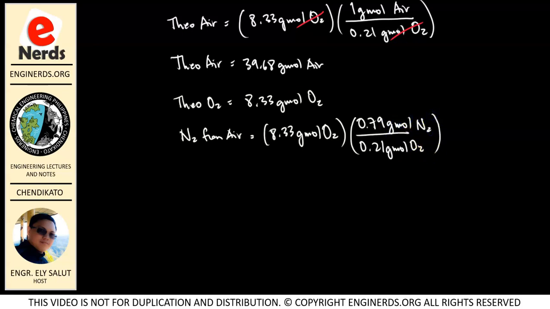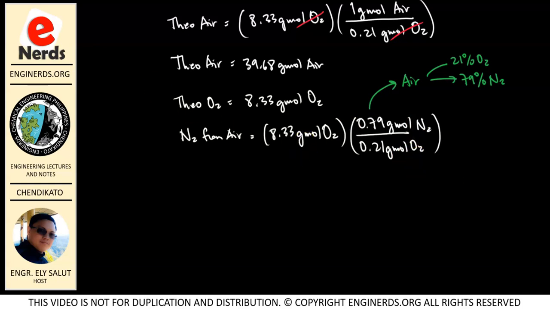Okay, so saan ang galing yan? So I'm going to explain again. This is coming from the supplied air. Okay, sa ating air, meron tayong 21% O2 and we have 79% N2. So we have 0.79 gram mole ng N2 and 0.21 gram mole ng O2 for every 1 gram mole of air. Okay, so doon ang galing itong ating relationship or fractions ng N2 over O2 here.